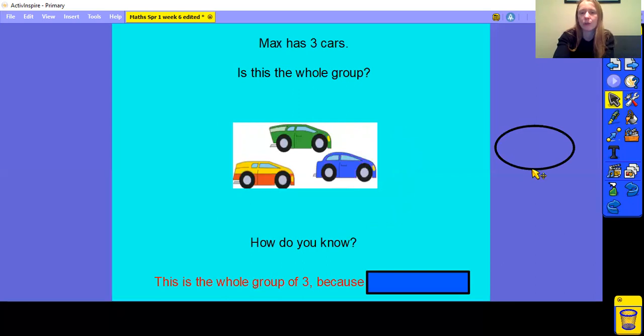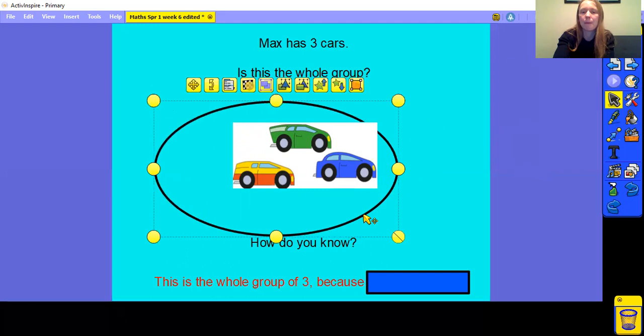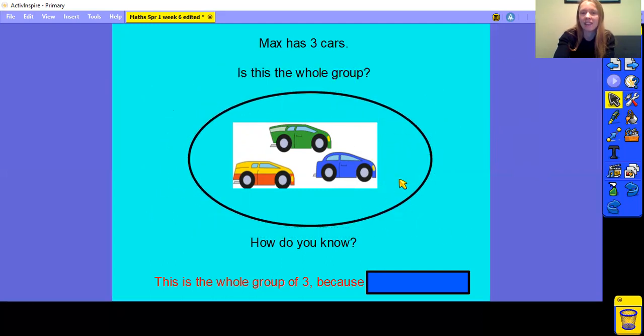Let's have another go. This time, we're looking at Max's cars, and these are the cars that we're going to count. It says Max has 3 cars. Is this the whole group? So first we need to count the cars. 1, 2, 3.